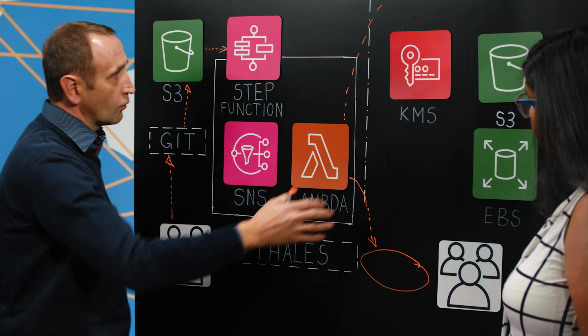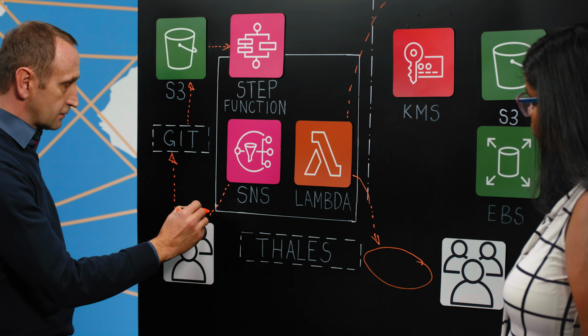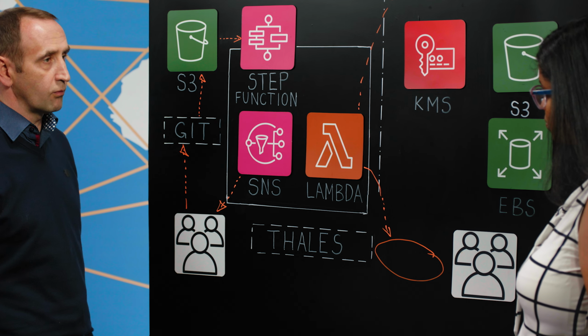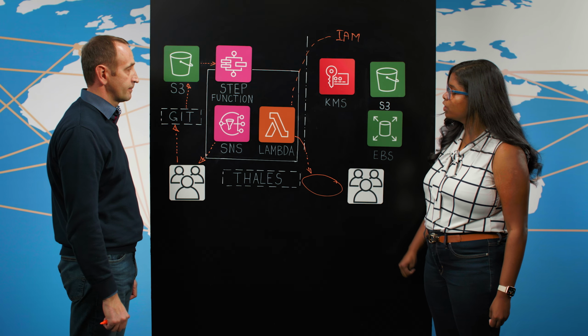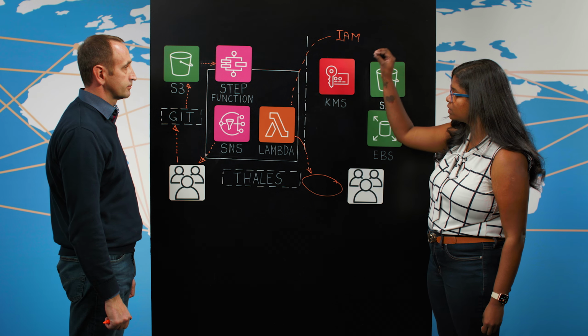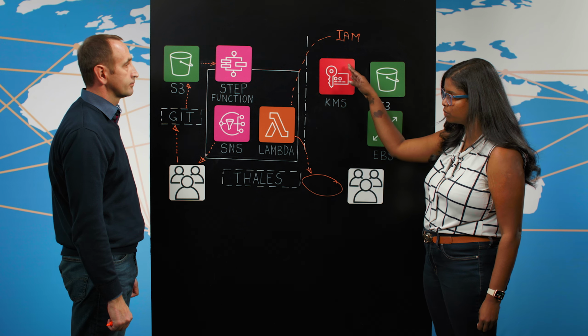The third part, once the flow is done, notifies the security DevOps teams that the product team is onboarded into Thales. So now, based on this Lambda function and this IAM role, Thales, your on-premises key management service, can communicate directly with KMS.